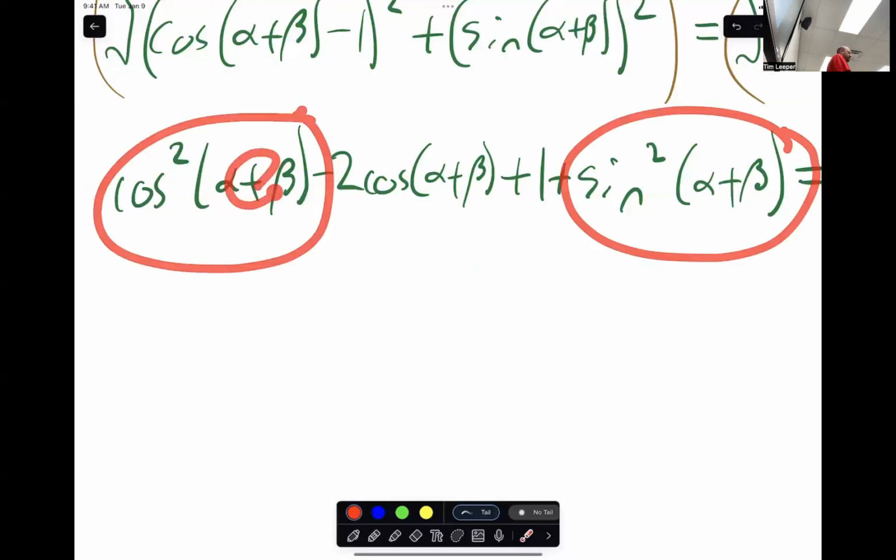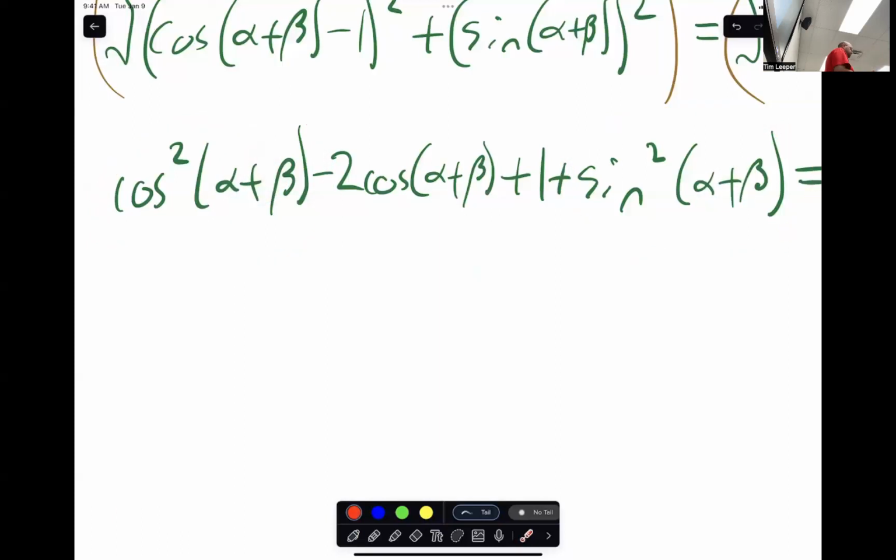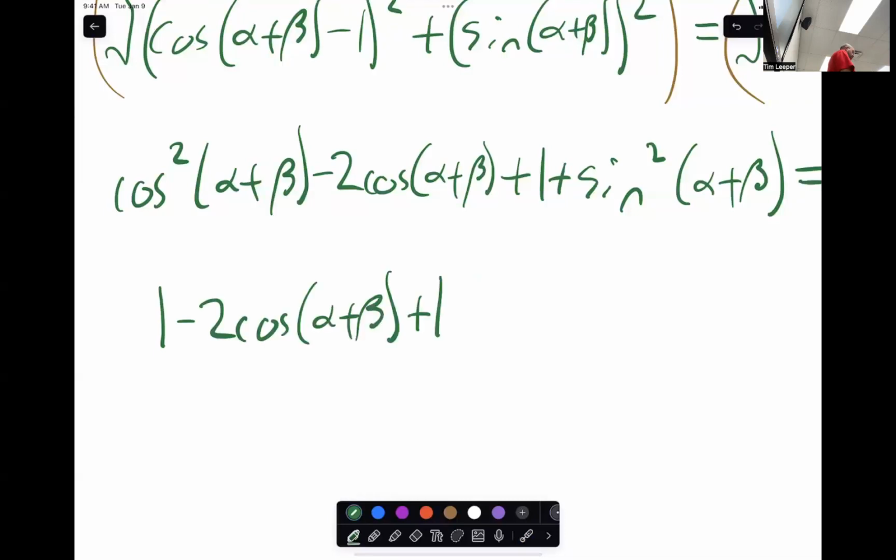It doesn't matter what the argument is, as long as that argument's the same for both of them. Cosine squared plus sine squared is 1. So those two combine to give us just 1 there. So it's going to be 1 minus 2 cosine of alpha plus beta plus 1. And that's the left-hand side. And again, that came from just doing cosine squared plus sine squared.